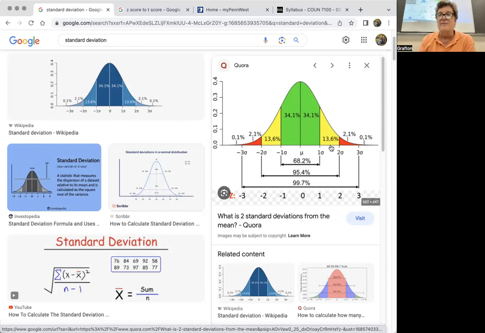You could say that 13.6 or 14%, if you round it off, that's the second standard deviation in either direction. So just remember 14. So 34, 14, and 2. That's how I memorized it.